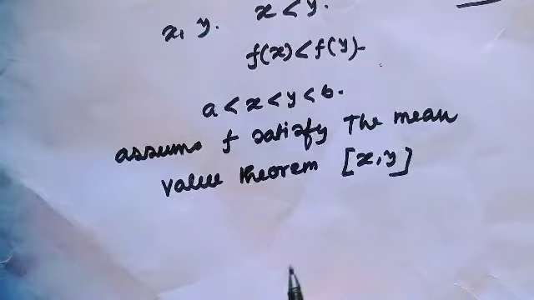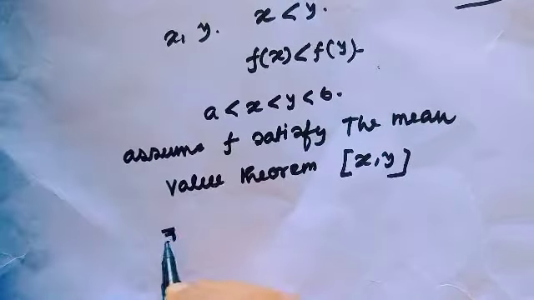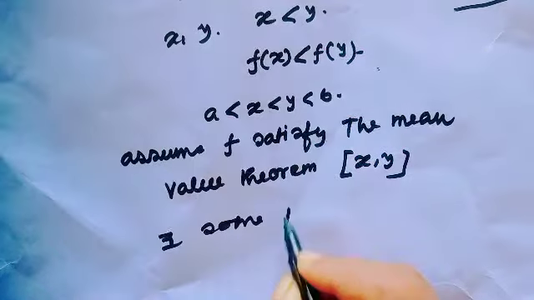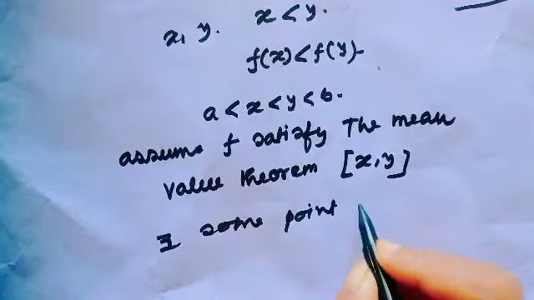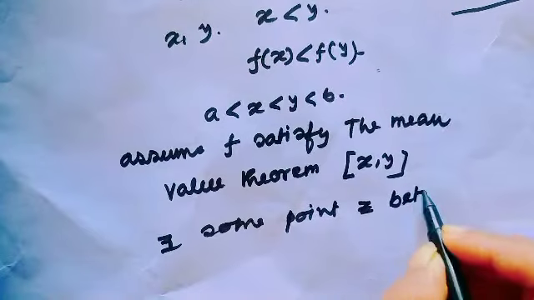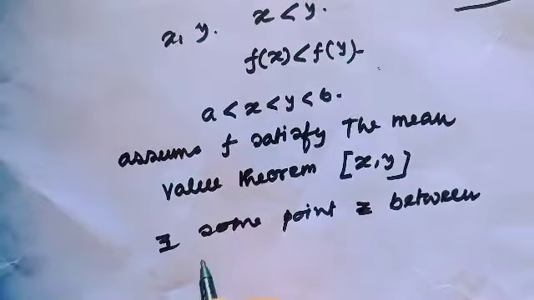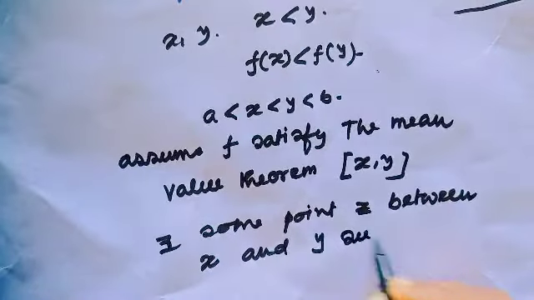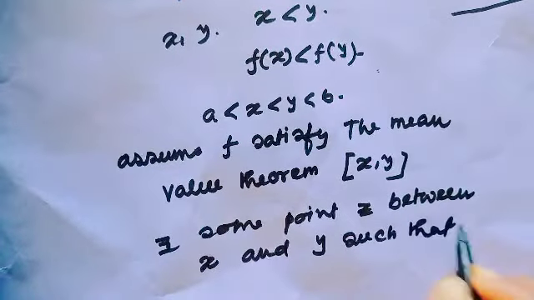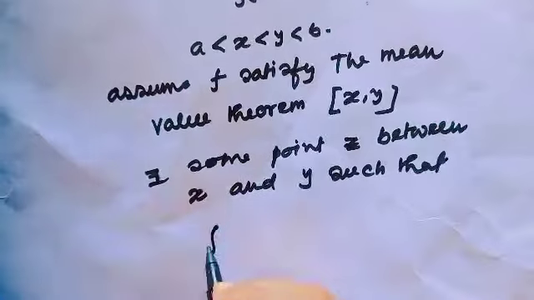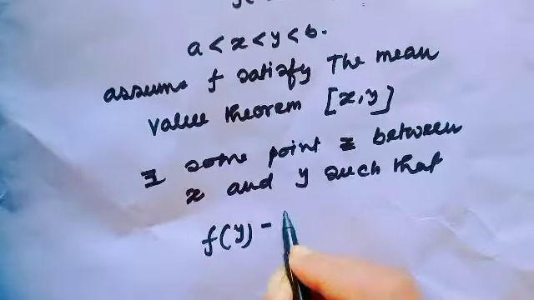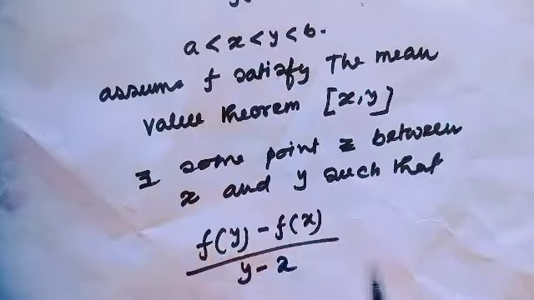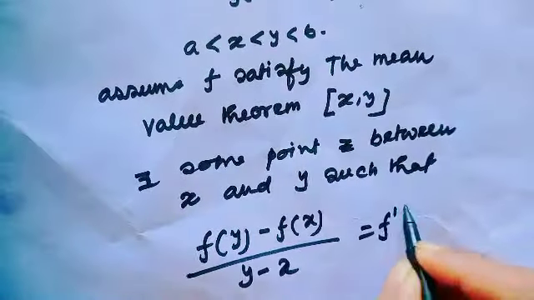Therefore, by mean value theorem, there exists some point z between x and y such that f of y minus f of x over y minus x equal to f prime z.